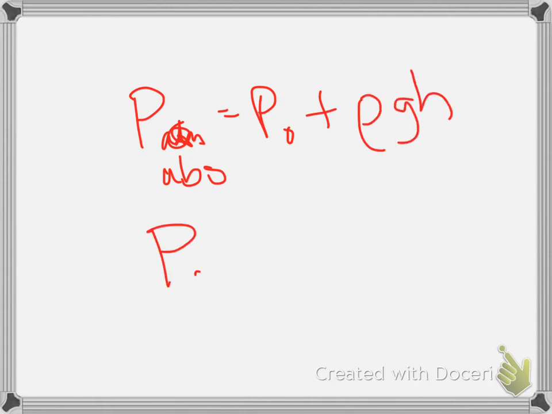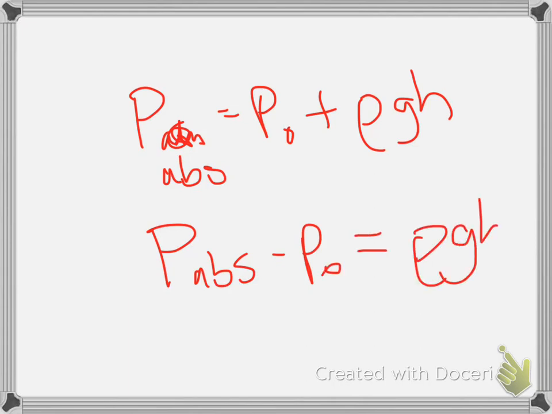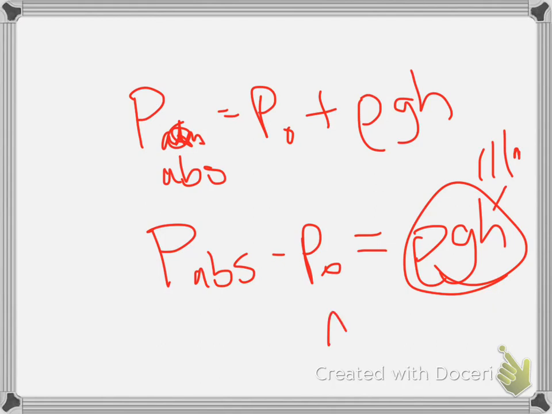They thought gauge pressure was P absolute minus P naught, and they're not wrong. But what does that also equal? Rho gh. So that's the information you have in this question. You use rho of water, 1,000 kilograms per meter cubed, g is 9.8, and h is 111 meters. You do that out, and the answer is A.